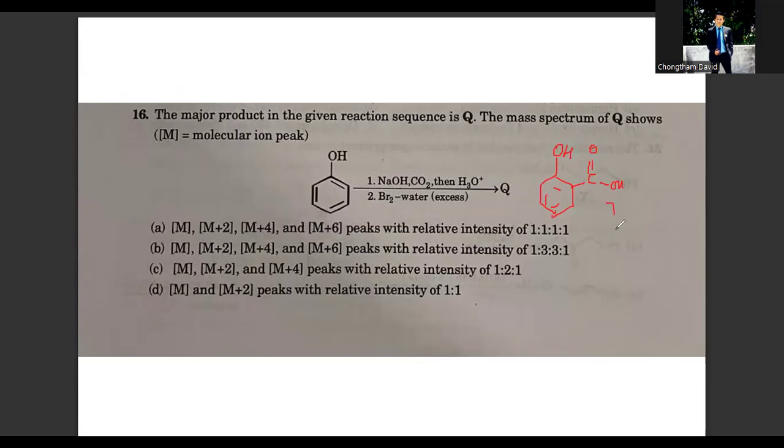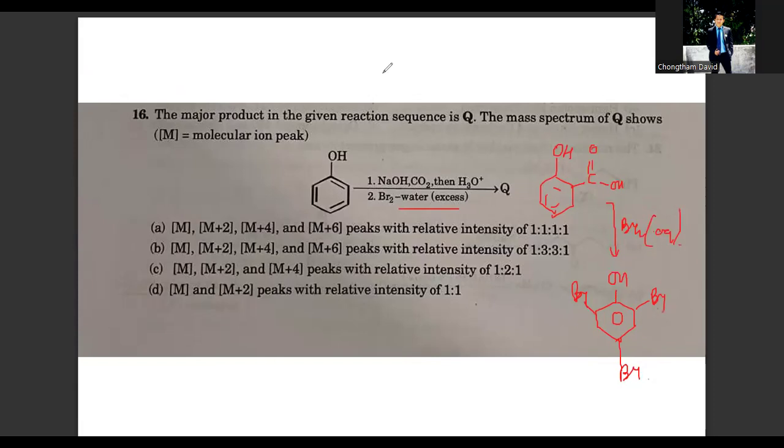Then further treat this with excess of bromine in the subsequent step by adding bromine water in excess. We now have 2,4,6-tribromophenol. So this is the required reaction we have. So the first step is a name reaction.